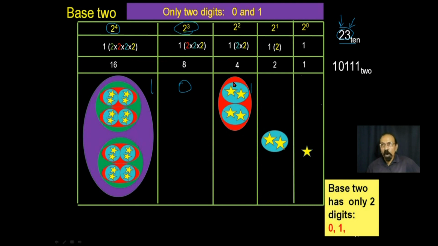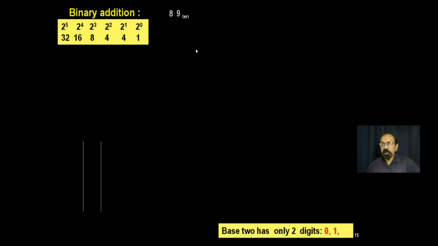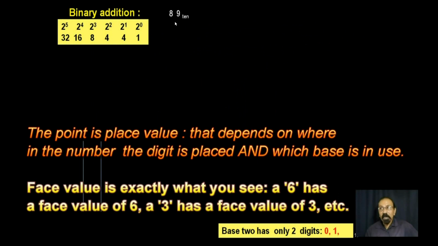We have one group of 2 to the second. We have one group of 2 to the first, and we have a single star. So in base 2, that's 1, 0, 1, 1, 1. That's base 2. Let's do some binary addition, but first we will do some decimal addition to continue to make the point.